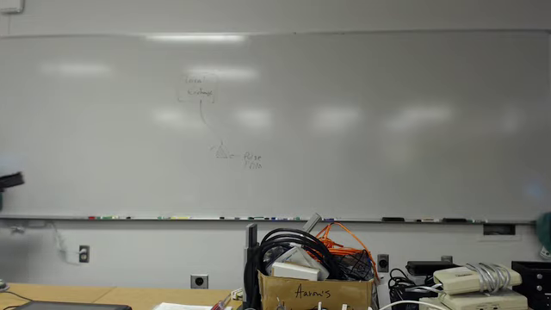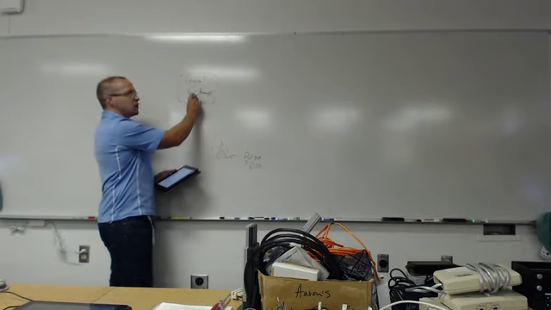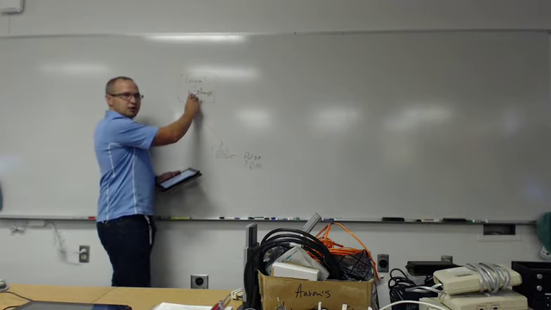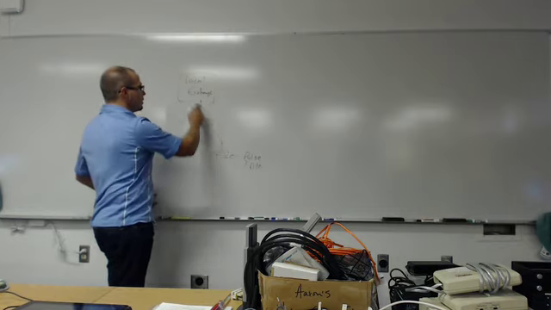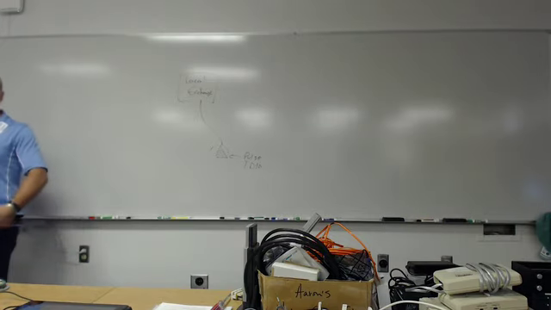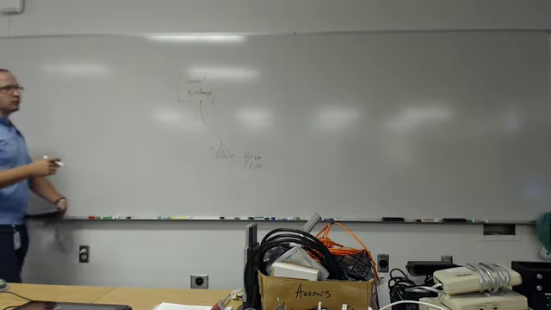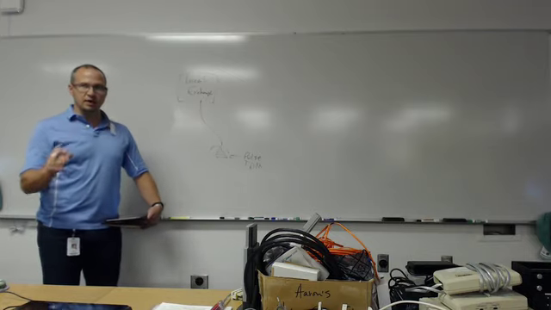This is how the caller tells the switch at the exchange what other phone they want to attach to. And the public switch telephone network actually expands well beyond the local exchange or the local office. And we'll get into that in a minute.